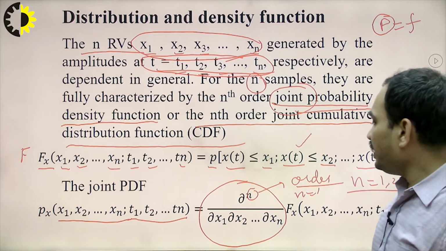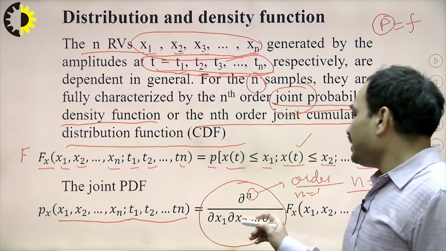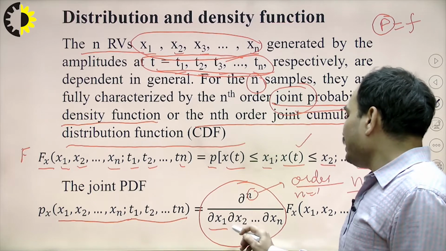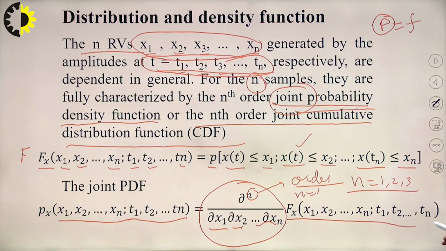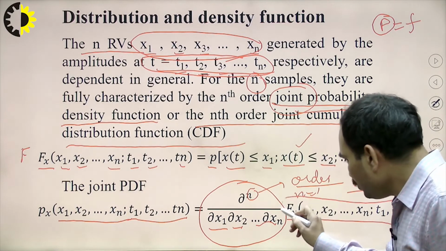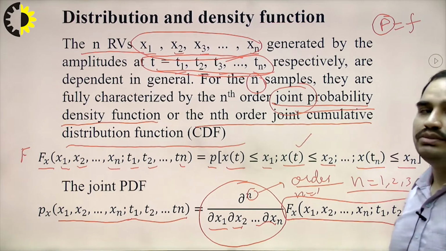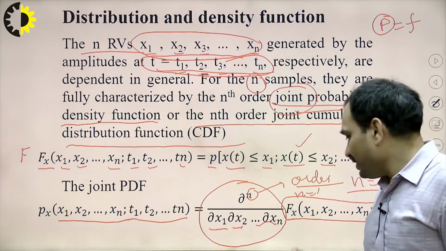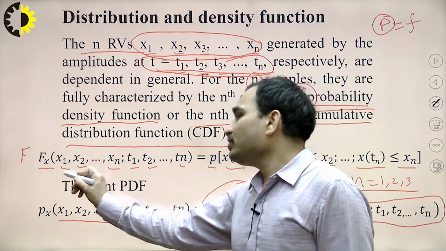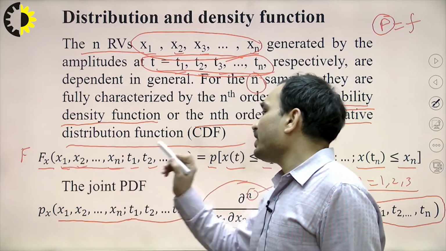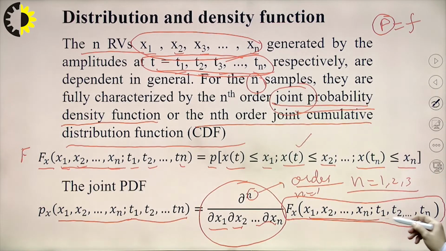So we can classify higher order and lower order, and we take del raised to power n by del x1, del x2 up to del xn of the cumulative distribution function. We have to differentiate this cumulative distribution function, which is a function of the variables x1, x2 up to xn for different time instants t1, t2 up to tn.